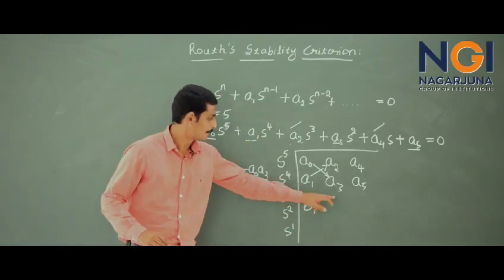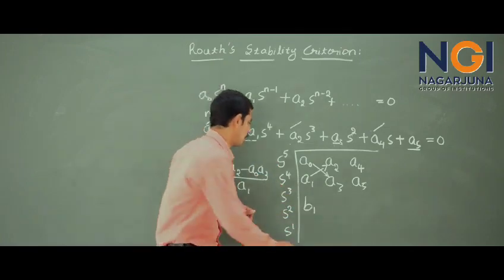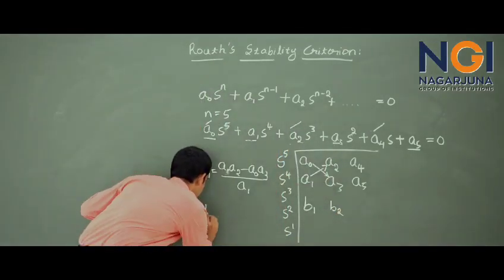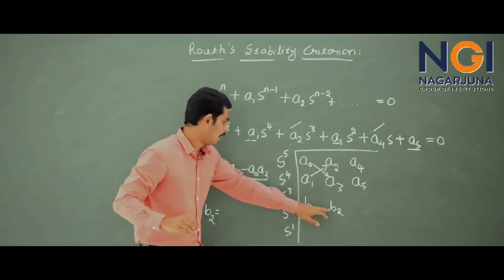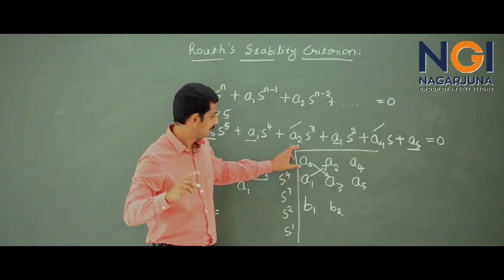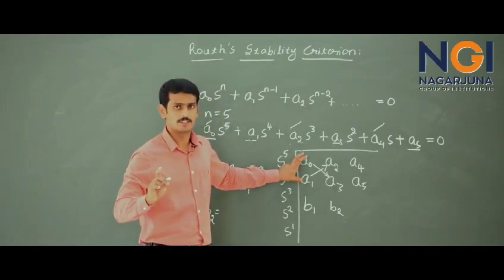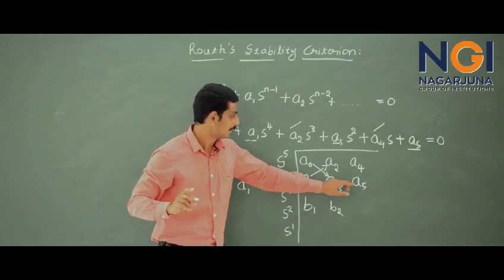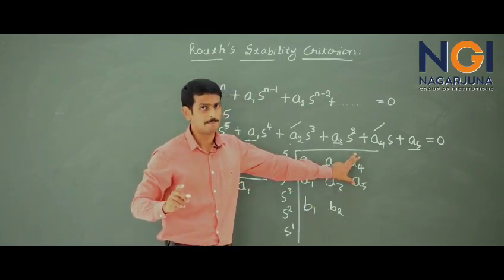Similarly, suppose I have a b2 here. To calculate b2, always the first column stays constant, and after that, the next column is whatever I have in the previous rows.